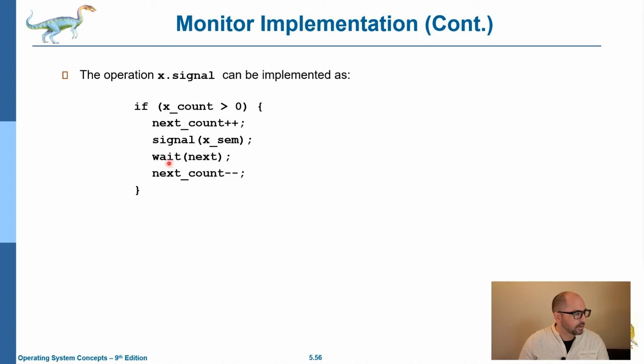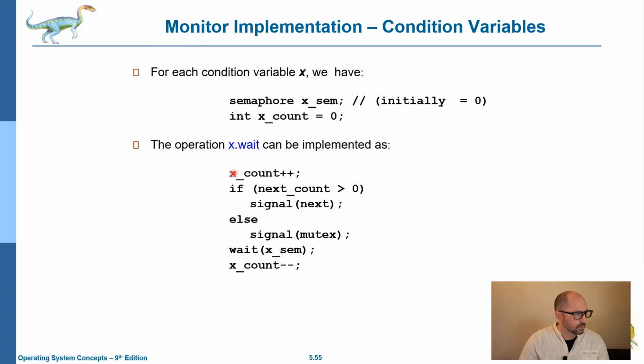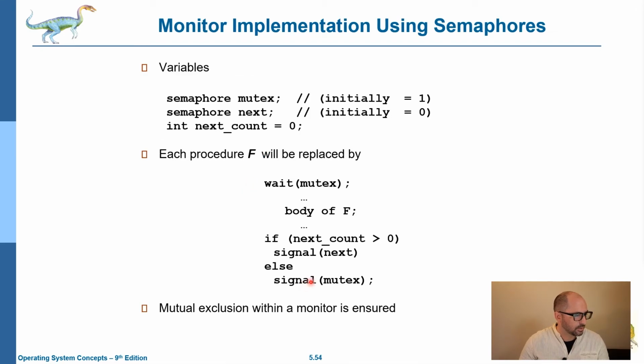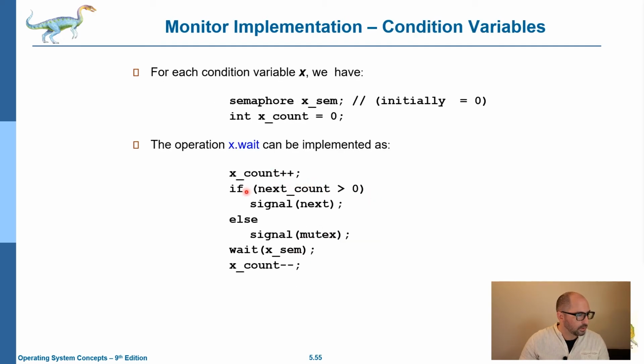Meanwhile, the process that signaled was waiting on next, and when next is signaled, the next count will be reduced to 0. So where did that happen? How does that work? That will occur either by signaling next from another method being invoked at the end of a method waiting on the mutex, or after we wait, we reduce the count.